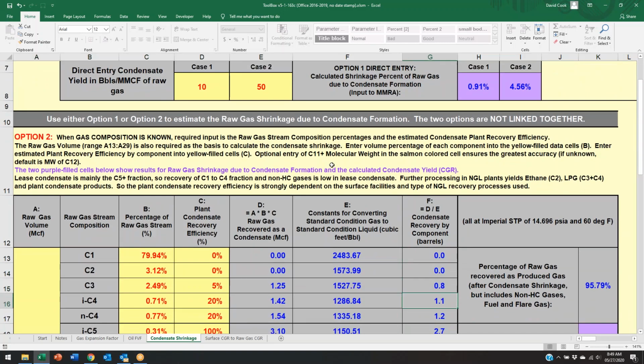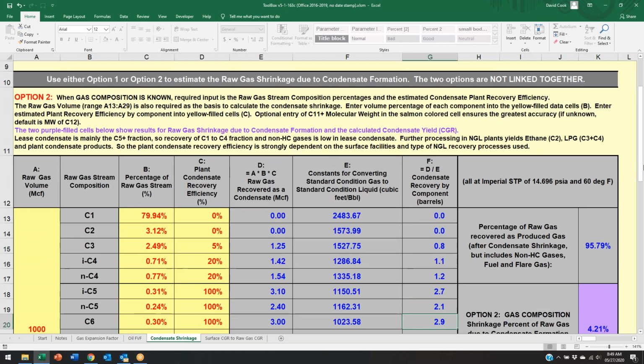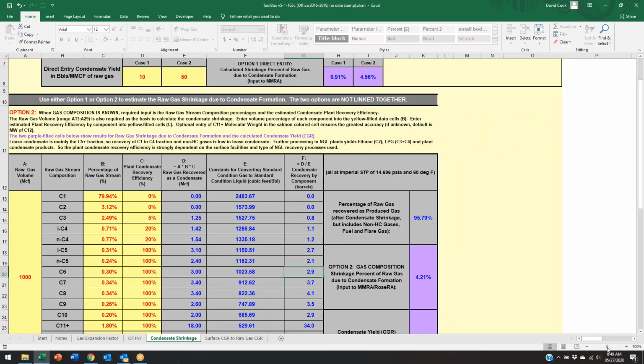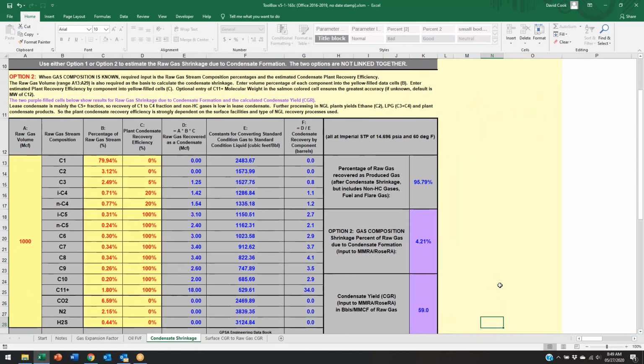The next thing that has been changed on here is an improvement and expansion of the options that are available when you know a lot of information about the gas and condensate makeup associated with a stream.